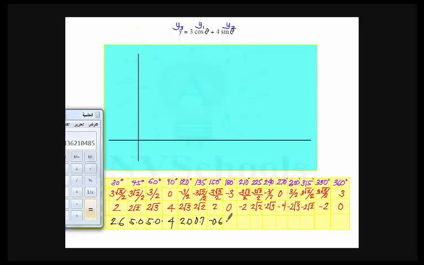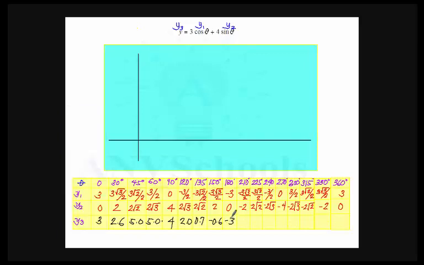And this is negative 3. And then we will have negative 5 here, negative 5 also, and in here we will have... this is 2.6.